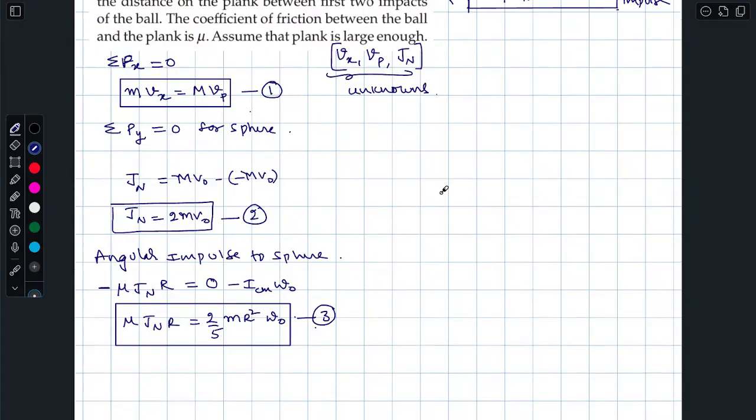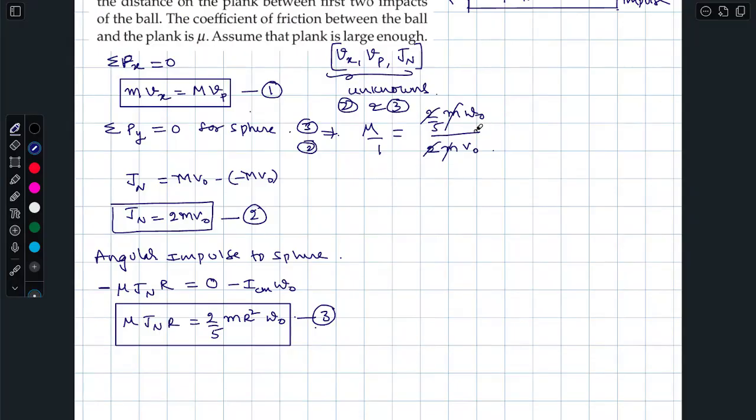How to now use 2 and 3. In this case, mu by 1 is equal to 2/5 m omega naught by 2m v naught, which means I have divided 3 with 2. So m cancels, 2 cancels.